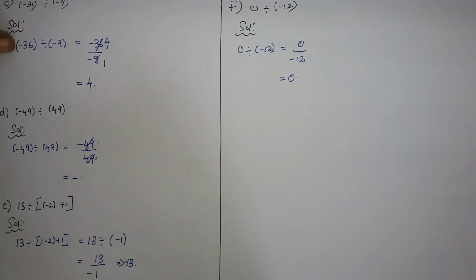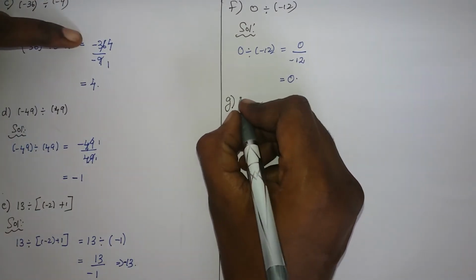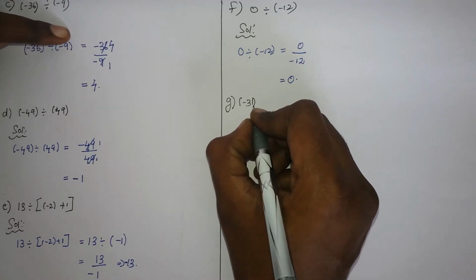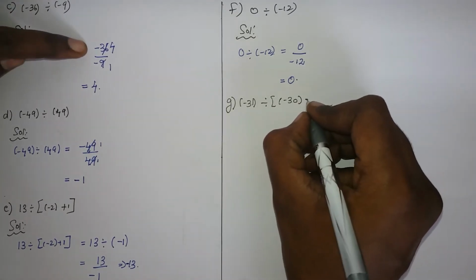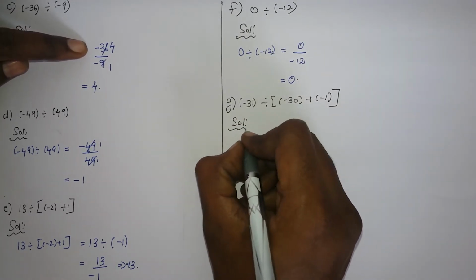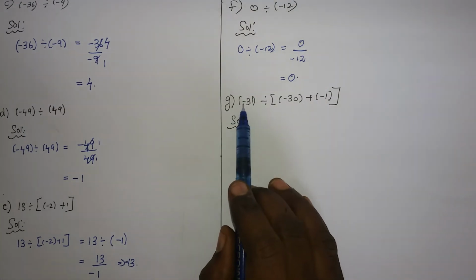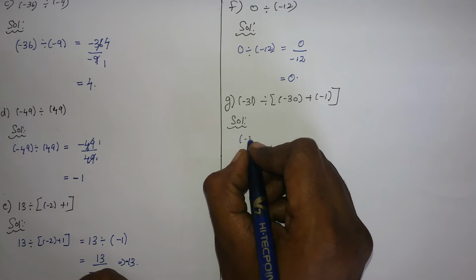Okay, so next we move to the G sum, that is minus 31 divided by the bracket of minus 30 plus minus 1. So my solution will be, here what they have given, minus 31 divided by minus 30 plus minus 1.